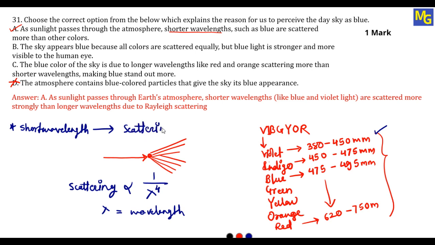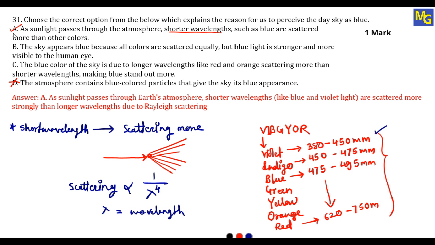So according to this relation, as sunlight passes through the atmosphere, shorter wavelengths such as blue are scattered more than the other colors. It is correct. Blue has the shorter wavelength compared to the others, and therefore blue will scatter more.